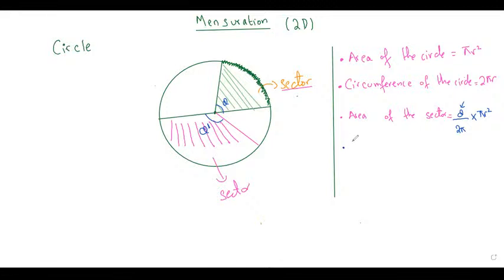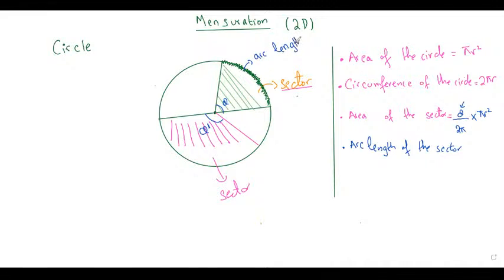What is the arc length of the sector? Now, what is the arc length? This line, the part of the circumference, the curved boundary of the sector that is basically part of the circumference is the arc length.